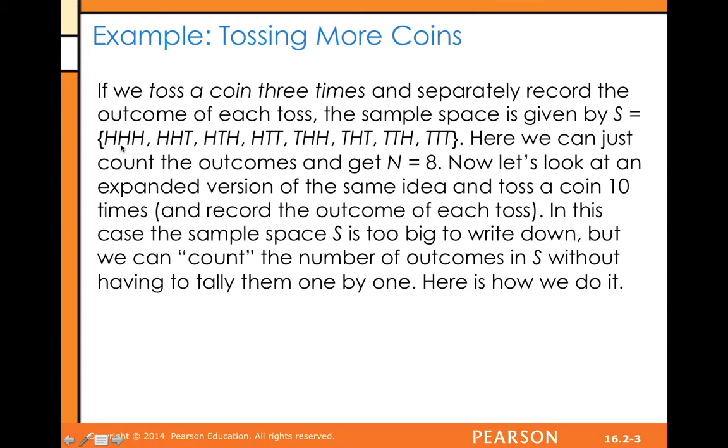You have 10 H's here, you'll have 10 tails here, and in between you'll have a bunch of other stuff. Again, something like TTT, HH, TTT, HT. A bunch of stuff like that. So in this case, the sample space is too big to write down. So if you can't just write it down and count what's there, how do you figure out how many things are in there? How do you count the size of S without actually counting it one by one?